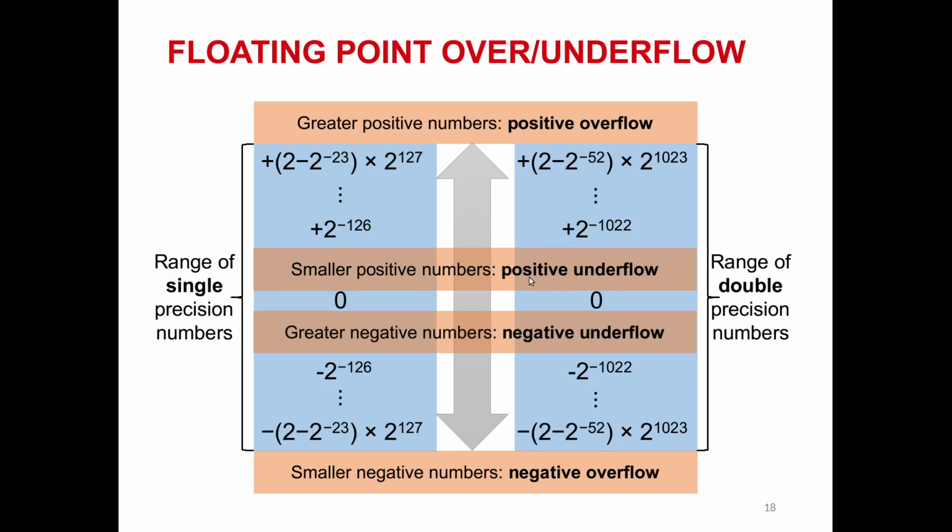The positive underflow for single precision is 2 power minus 126, and the negative underflow is minus 2 power minus 126. If we use the double precision number, the underflow will be 2 power minus 1022, and the negative underflow will be minus 2 power minus 1022.